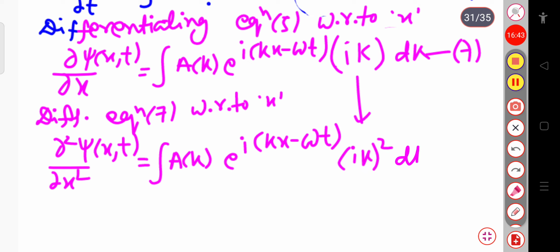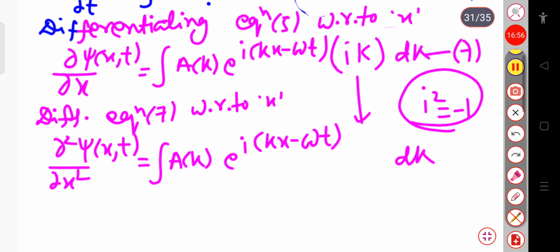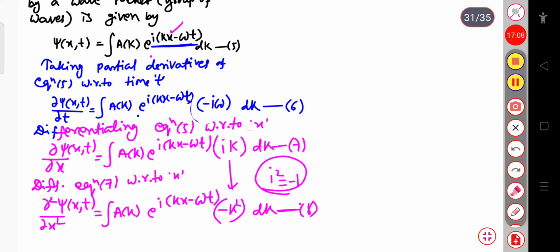But the value of i², iota square, is minus 1. So simply I have to write minus k² into dk. So here I will write minus k², and this term will be multiplied here. This is, suppose, equation number 8. Don't worry about those steps, I will tell you again.